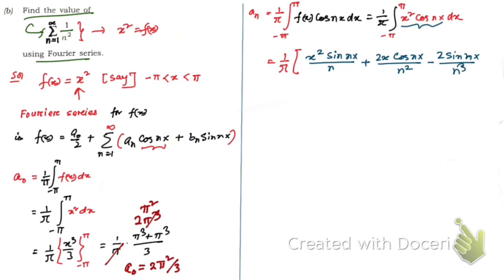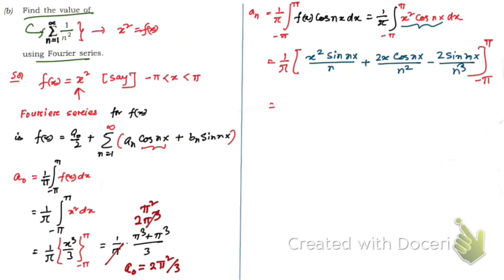That's what we got, right? And our interval is minus pi to plus pi, right? And here you see, we know that the value of sin pi is 0, so these two terms are going to be equal to 0 when you use these limits, right? So we will be left with only this middle term.